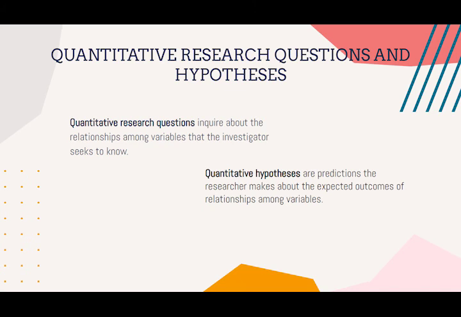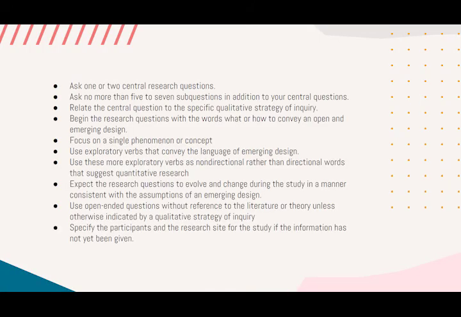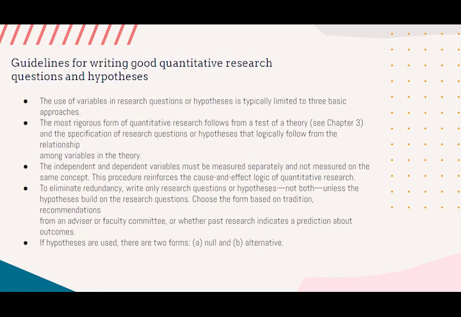This is an example of quantitative research questions, and the example hypothesis is also in this picture. And these are the guidelines for writing good quantitative research questions and hypotheses.